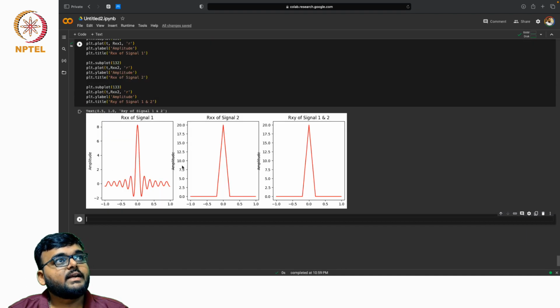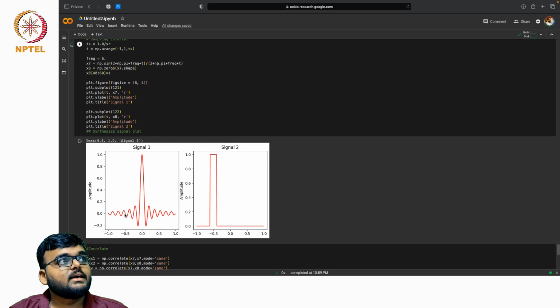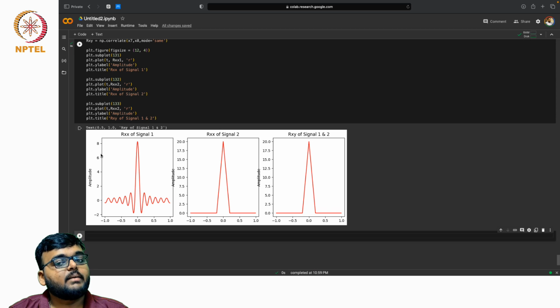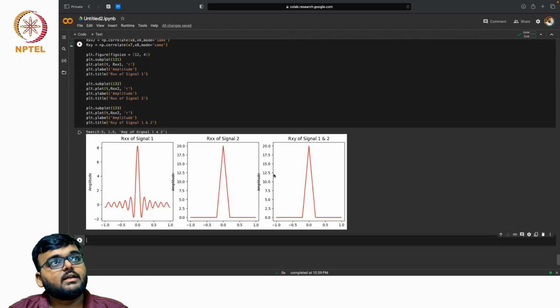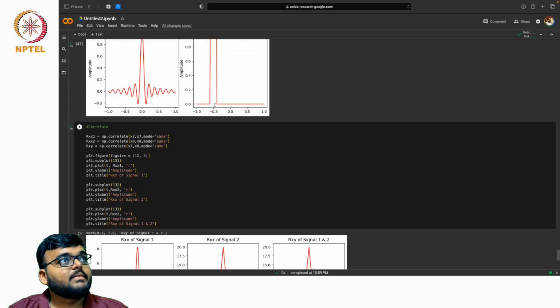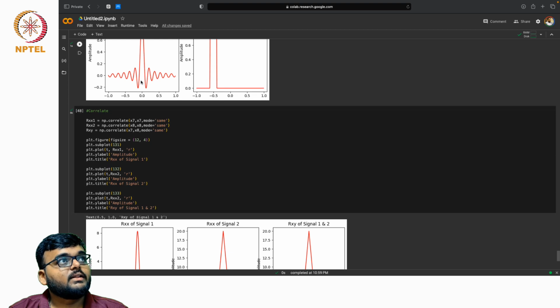For signal 1 we got the same sinc signal but with an increased amplitude, whereas for the other we got a triangular, and if we combine both, we also get a triangular only. This is because you get the maximum value when the sinc is in the center, and then the value gradually decreases.